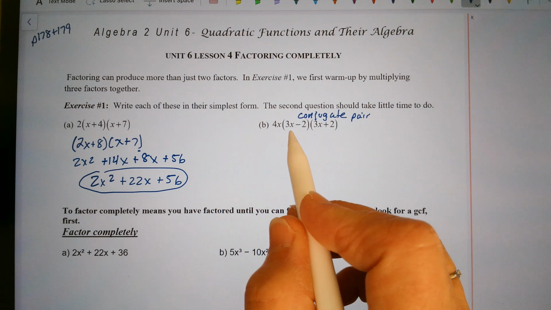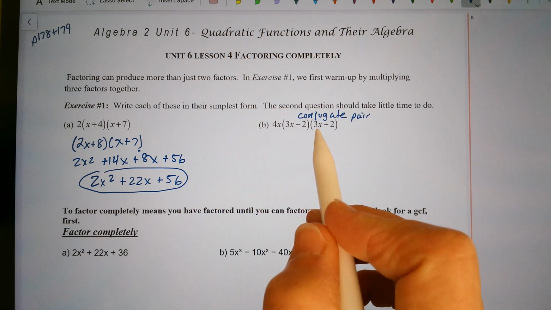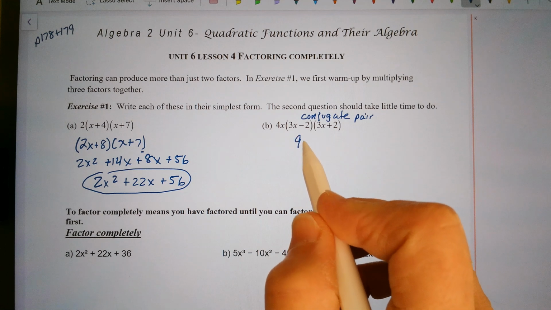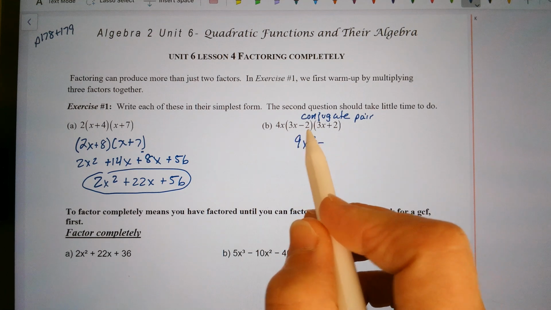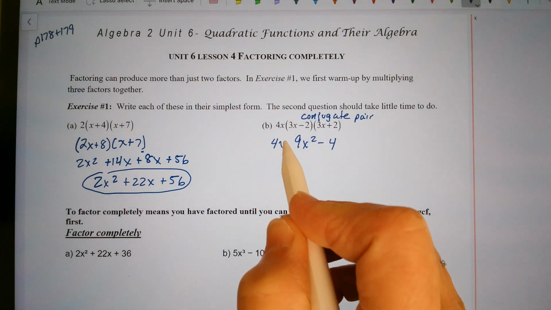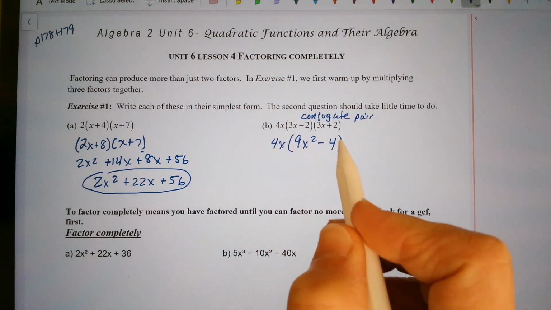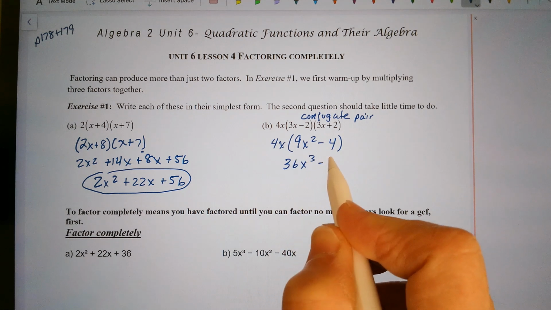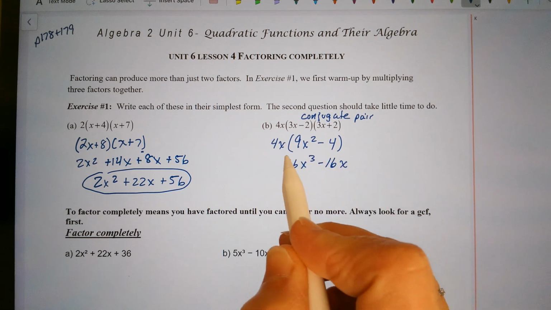The result is going to be the product of the first term, so 3x times 3x, or 9x squared, minus the 2 squared. Bring down the 4x, and now distribute 4x. That's 36x to the third minus 16x.